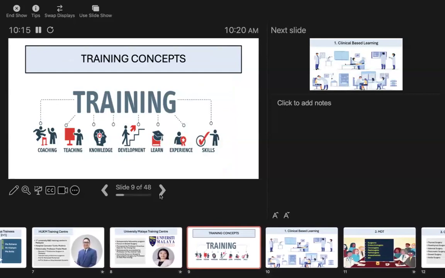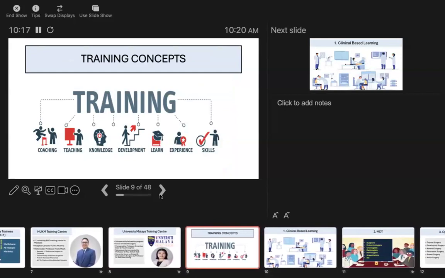Our training concept is that we coach the trainees, we teach them, we transfer the knowledge to them, and we develop them to become very good endocrine surgeons. From this learning process, they gain a lot of experience from the knowledge and the clinical experience that they receive from us, and finally they build up into an experienced and skilled breast and endocrine surgeon later on.